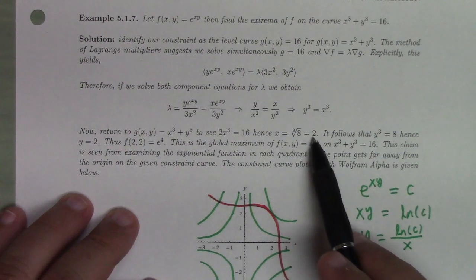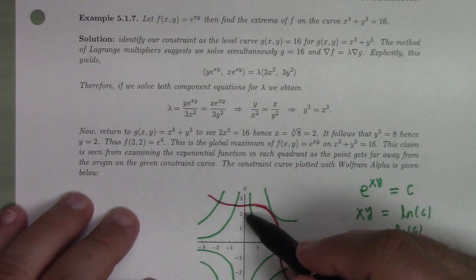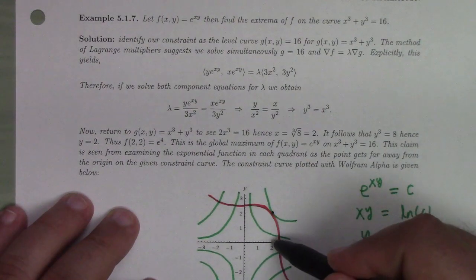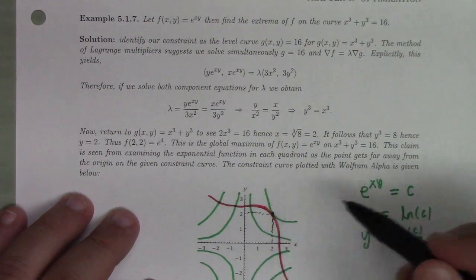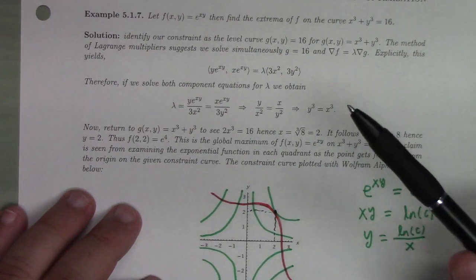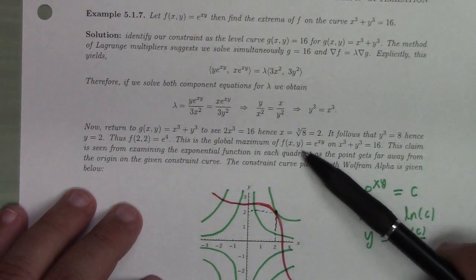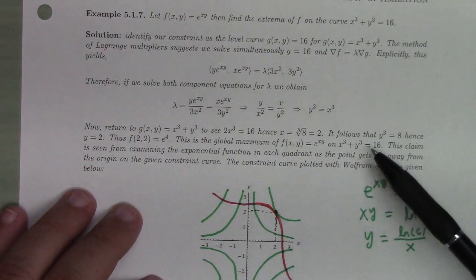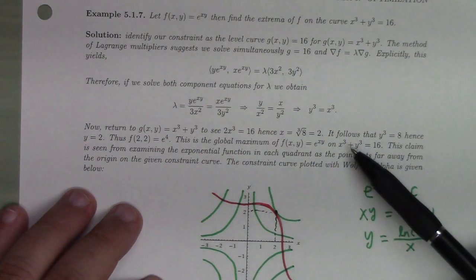So I get x equal to the cube root of 8, which is 2. As you can see, this point right here is happening at (2, 2). Cool. And e to the 4, and that is in fact the global maximum of f of (x, y) equals e to the xy.